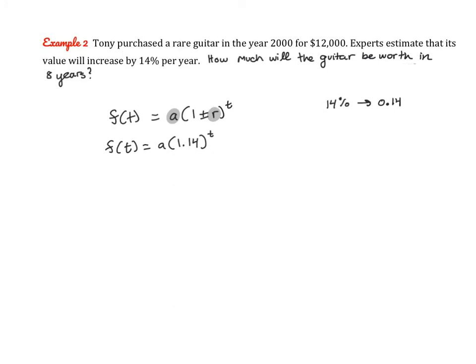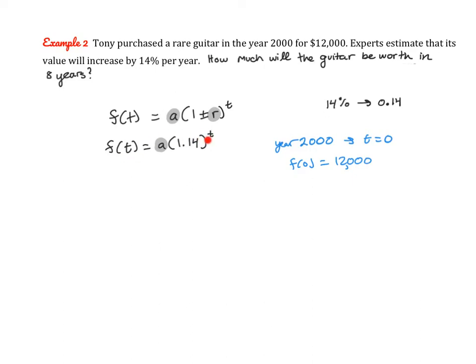Now we still need to figure out what this a value is. We can do that by looking at this initial purchase rate. When he purchased it, that's when t equals 0. So again, when he purchased it in the year 2000, that was when t equals 0, because the time just started. And we know that the value of the guitar, so f of 0, which models the value, was $12,000.